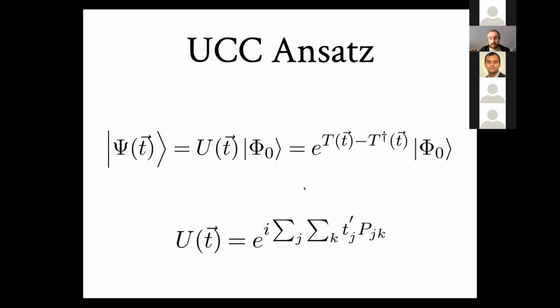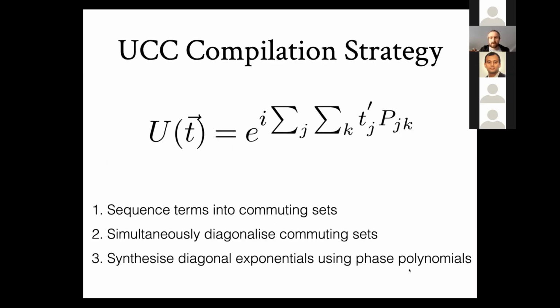It doesn't matter what t is right now. And the operator itself has this particular form of being an exponentiated sum of Paulis. So if we are being very clever here, we know that this is the thing that we care about, we can think about generating the circuit directly from this.